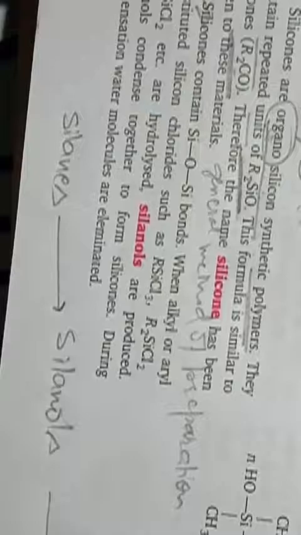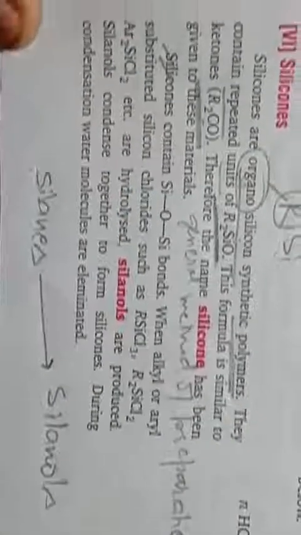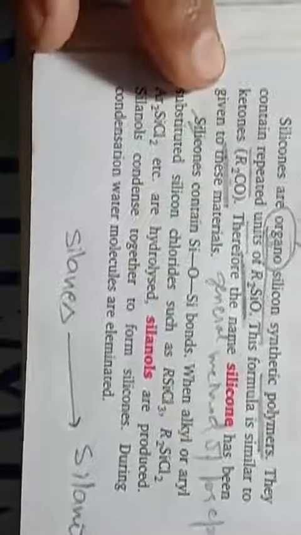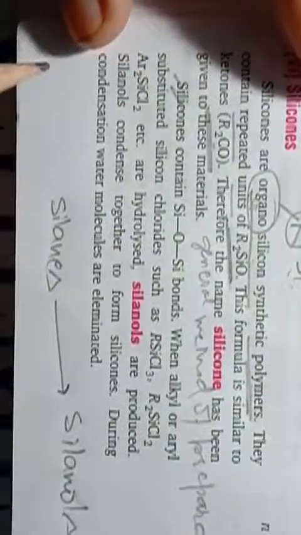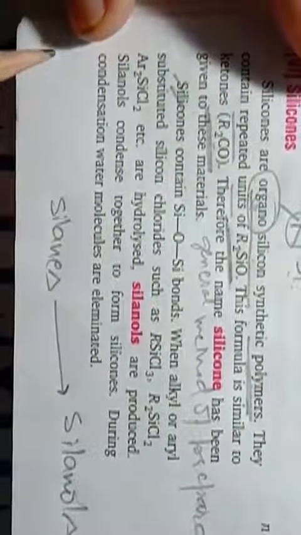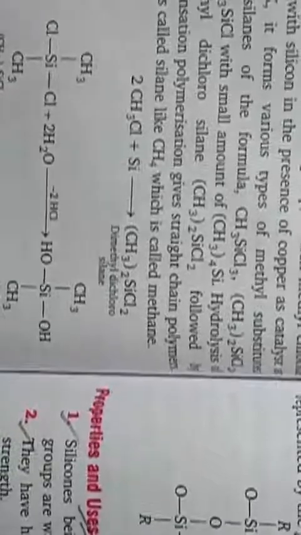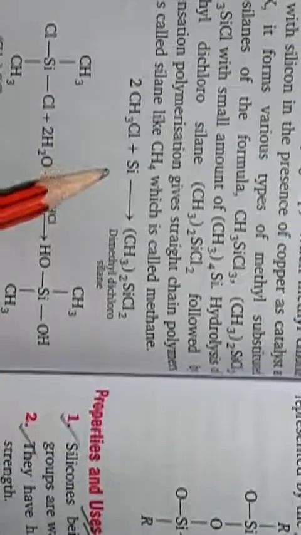These are the steps through which we form silicones. First we prepare silanes, then silanols, and then silicones. So how do we prepare silanes? Silanes are prepared when alkyl halides, like any alkyl chloride, are reacted with silicon.